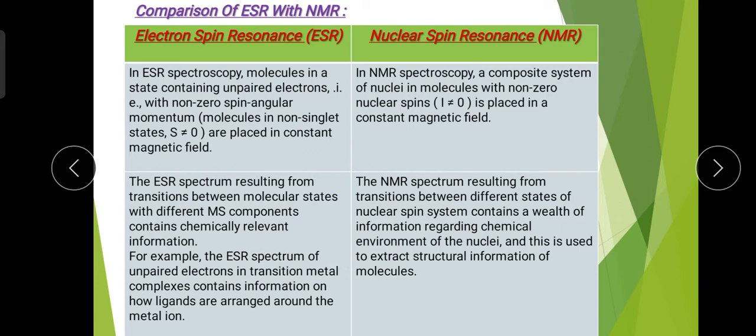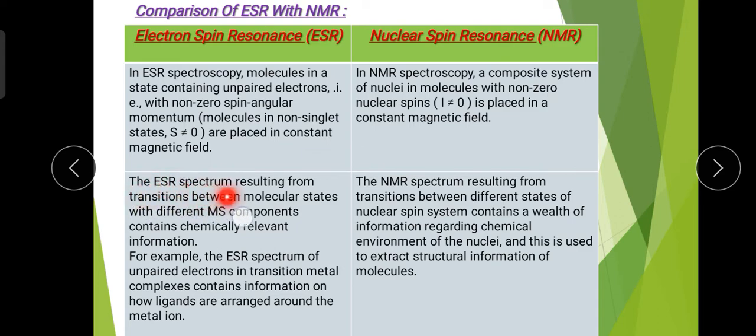But in NMR, we only consider the nuclear spin, not electron spin. Here we consider only nuclei with non-zero spin, that is the total nuclear spin in that sample is non-zero, I is not equal to zero. So this is the condition for NMR. This is the difference between ESR and NMR for the spin.